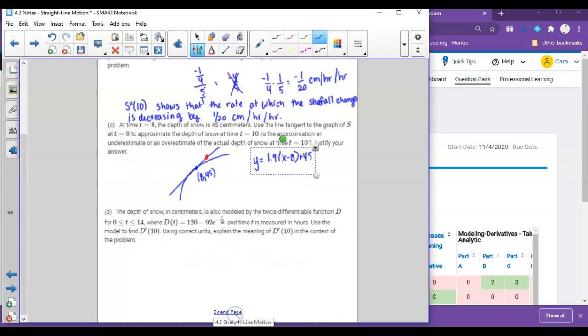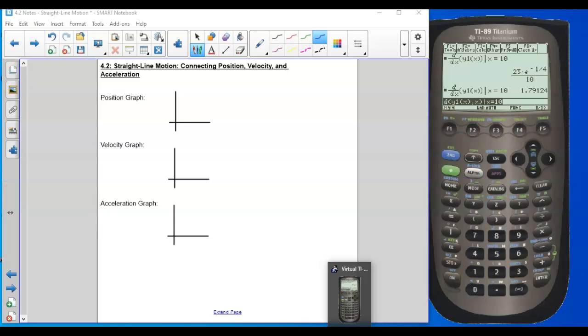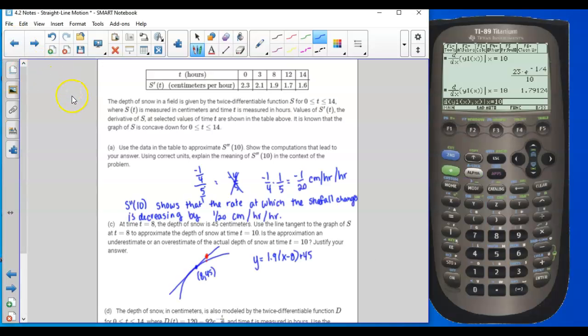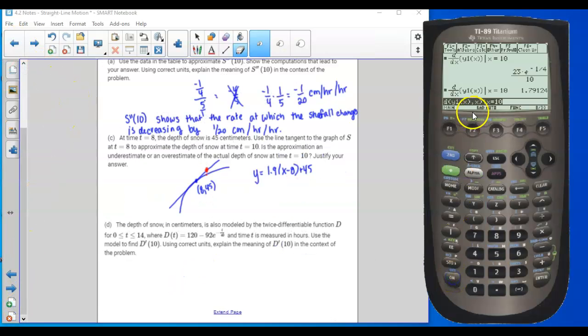And for the last part, you want to use your calculator. Let me pull up the calculator really quickly. For the sake of time, I've already put this into y equals. So right here is the equation I've typed into y equals.